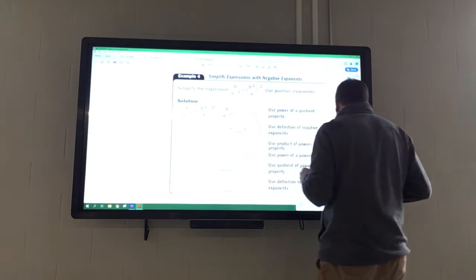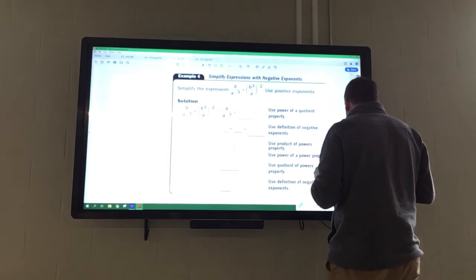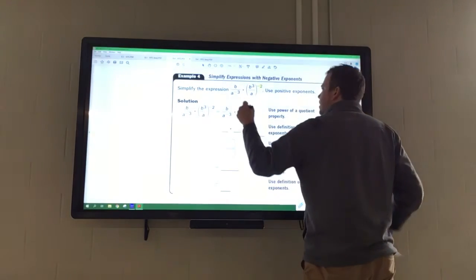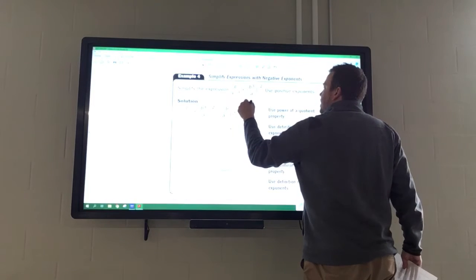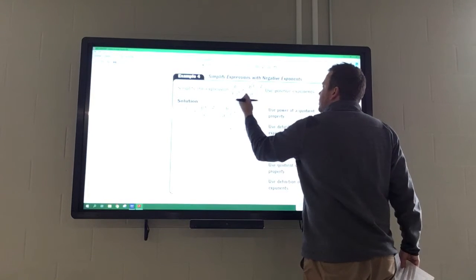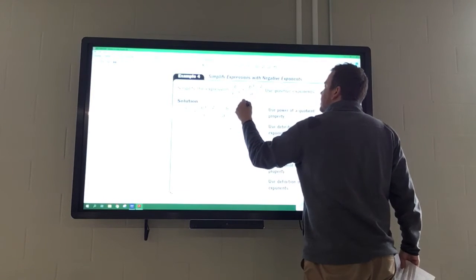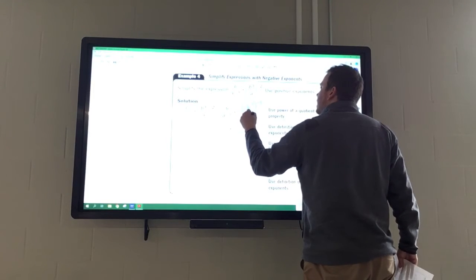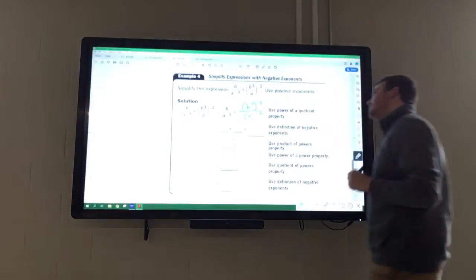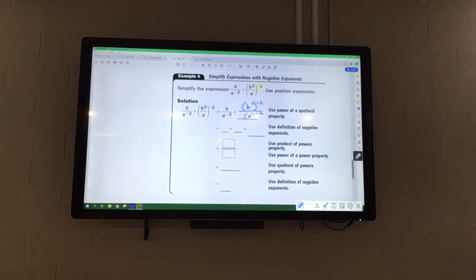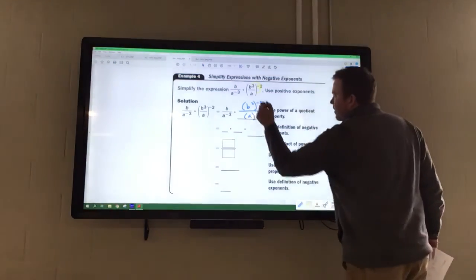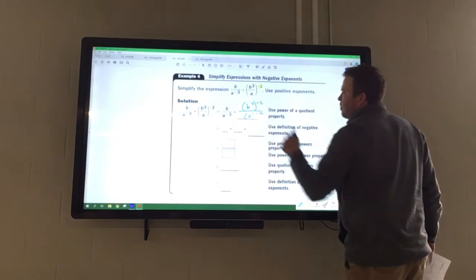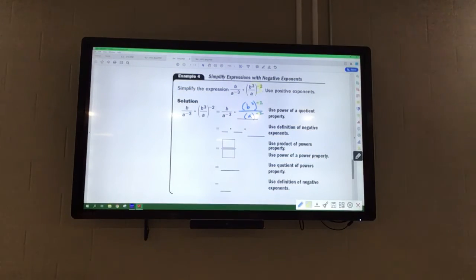The second part, we are going to rewrite as b to the third, raised to the negative second power over a to the negative second power. So I just applied that exponent of negative 2 to both terms, the numerator and the denominator.